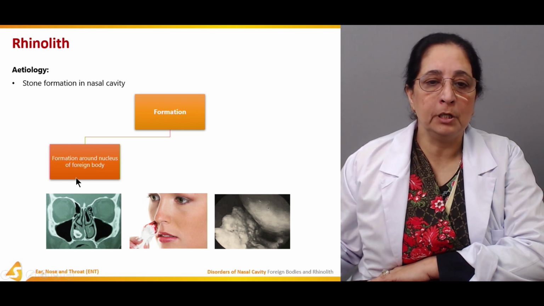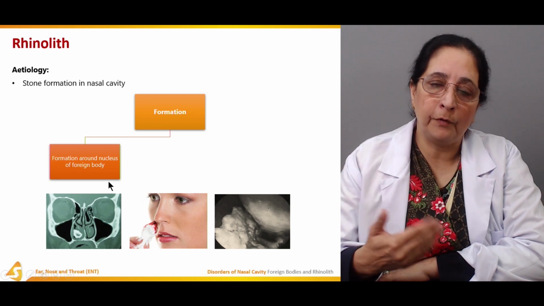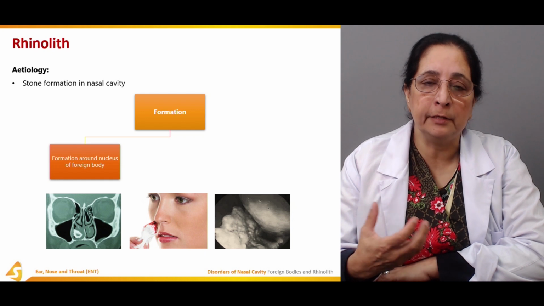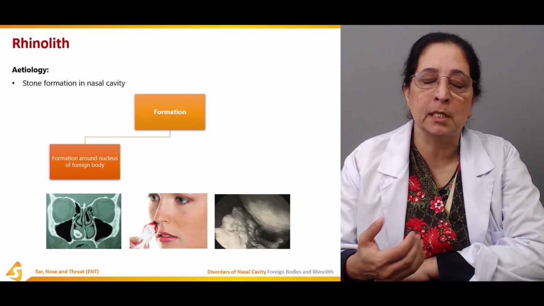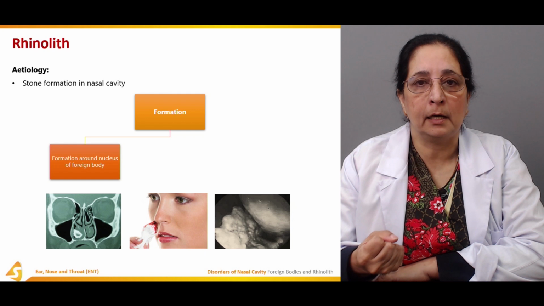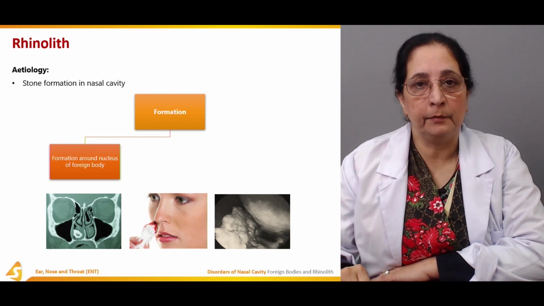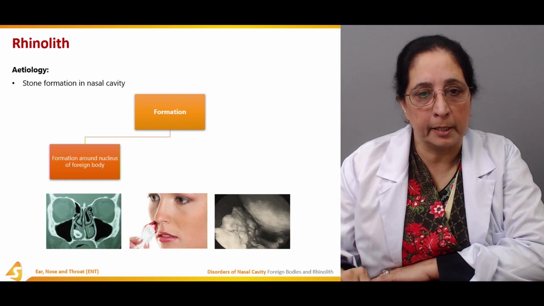So it forms around the nucleus of a foreign body. Around the foreign body, if chemicals, different secretions and mucus keep on accumulating, this can cause hardening and stone formation.